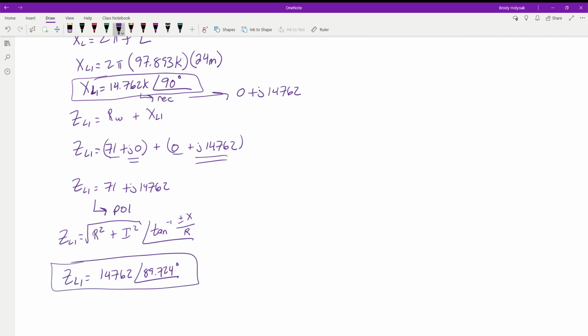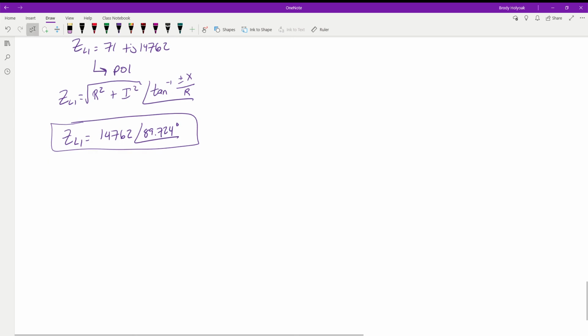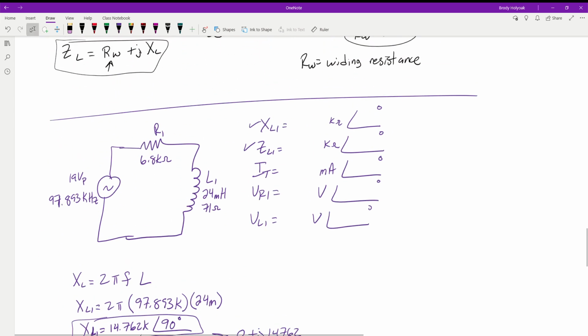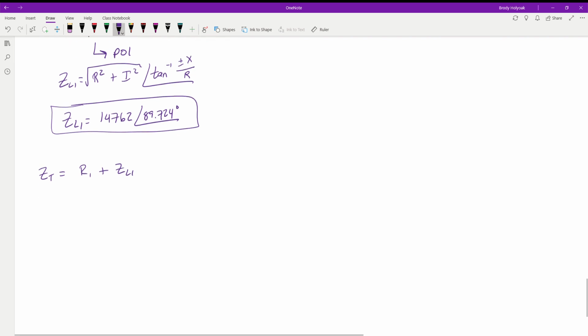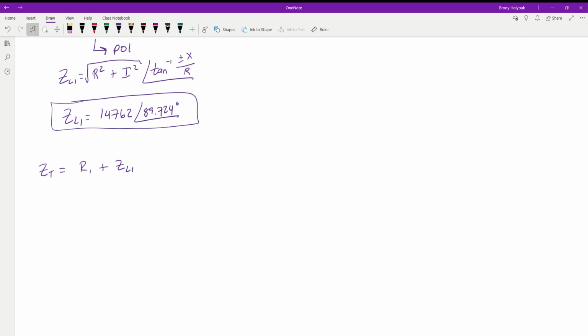The next part we want to do is solve for our impedance total, because we have this other 6.8 kilo ohm resistor in series with it. So the impedance total of this circuit is going to be R1 plus the impedance of L1, the combined total. We can go through this a couple of ways.